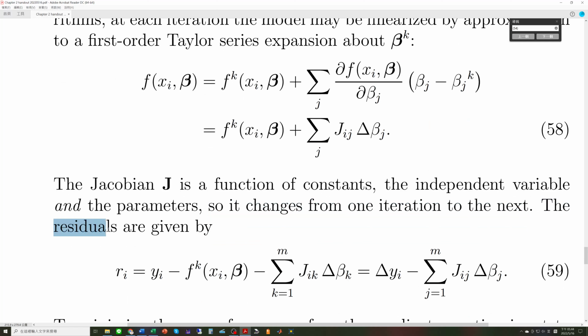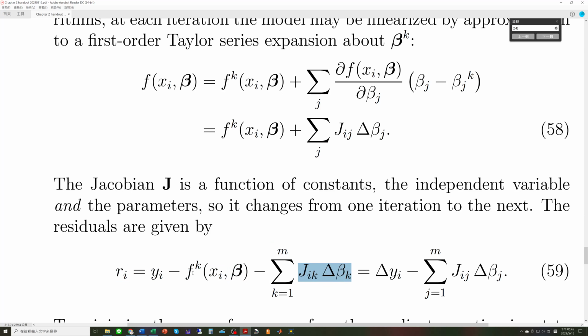The residuals are given by Ri is equal to Yi minus f k of xi, beta minus the summation over k from 1 to n of Jik times delta beta k.